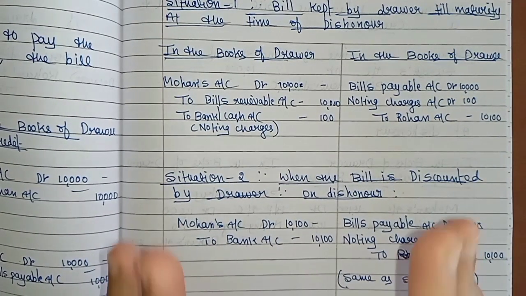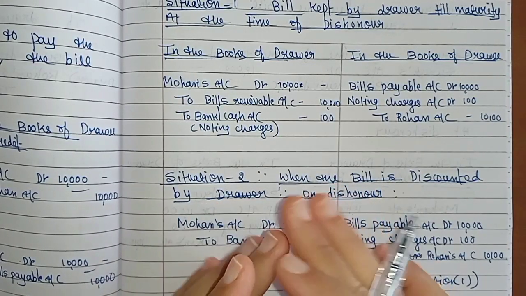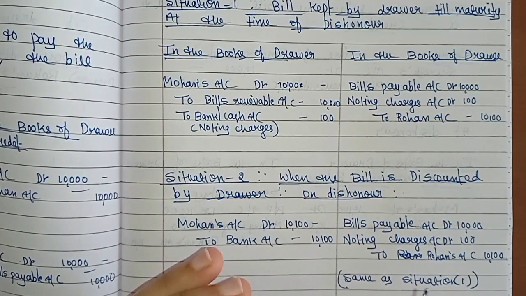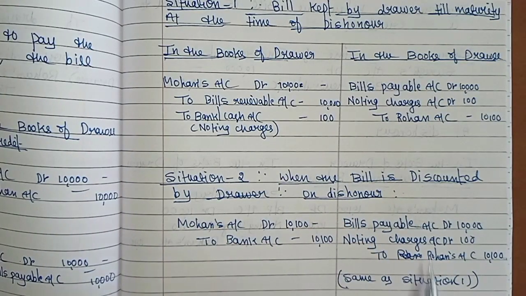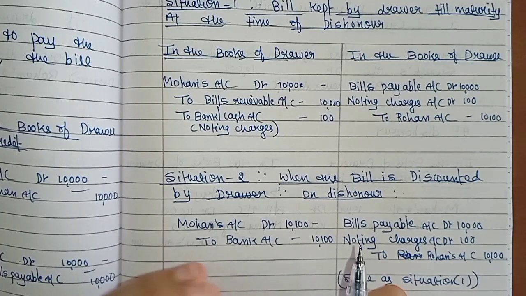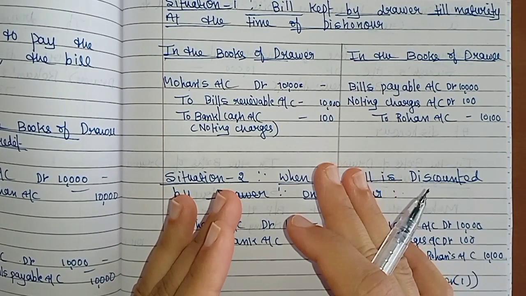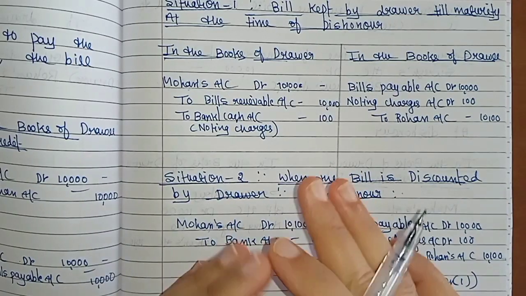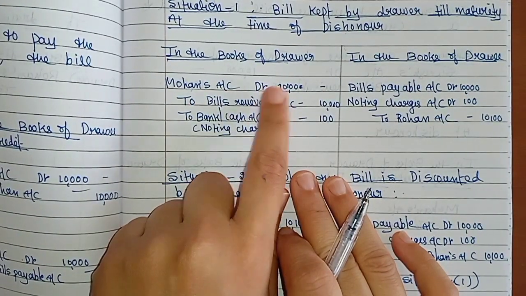Mohan did not pay the amount, right? So Rohan only pays rupees 100 from his pocket. Later he will recover it from Mohan, from the drawee. Clear? So the drawee must repay everything. That's why we have debited Mohan's account, the drawee's account.